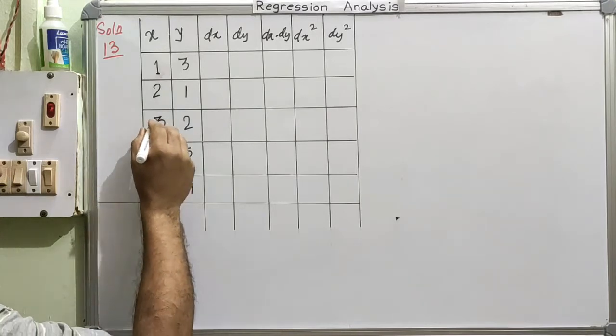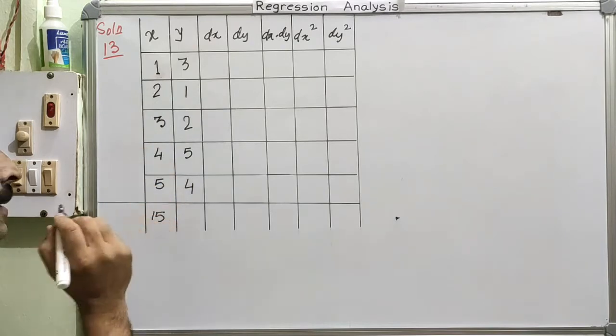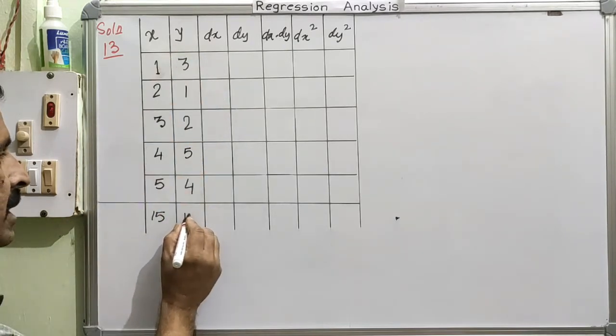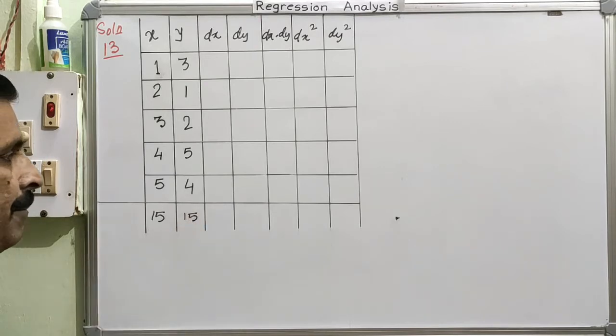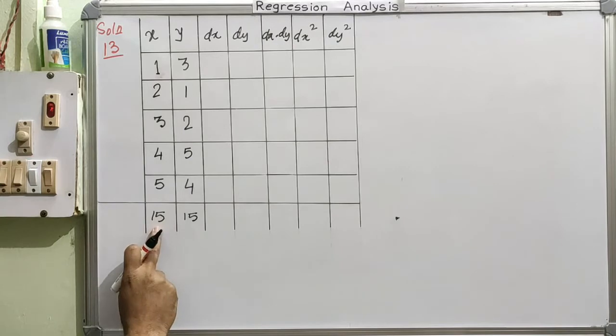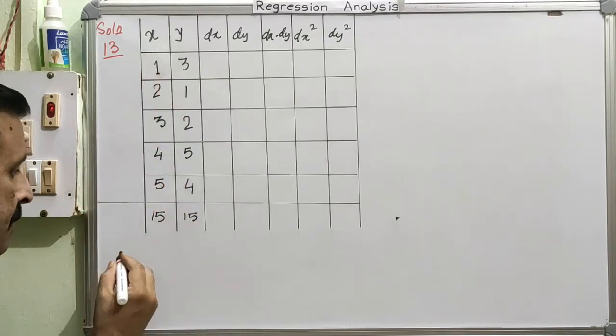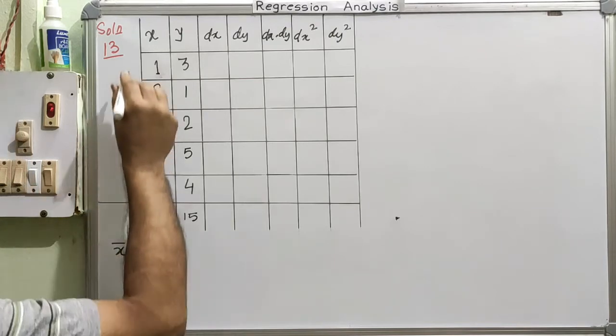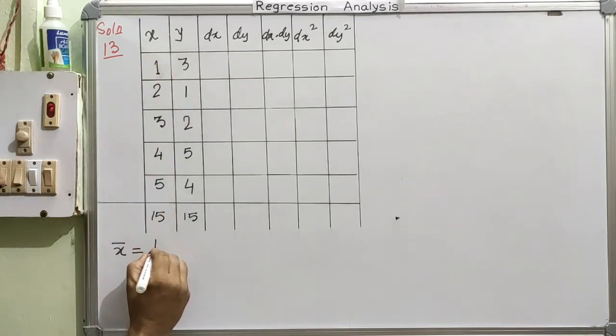5, 4, 9, 9, 3, 12, 12, 2, 14 and 1, 15. And here we have the same numbers written in a different order, so the sum will not change, it will be the same. Is this okay? As soon as you get the sum of all the values of x, you can find the mean. Mean is the sum of all the values of x divided by the total number of data.